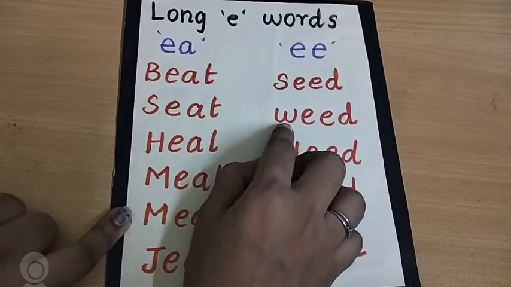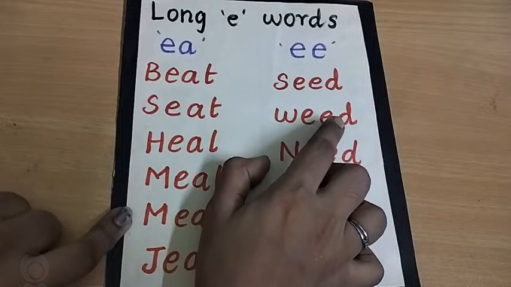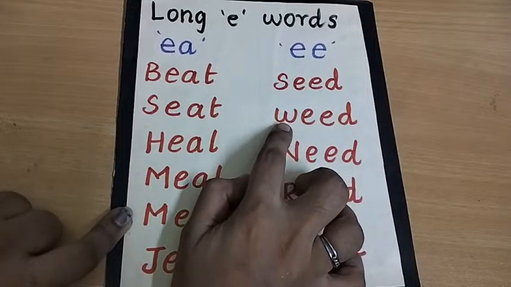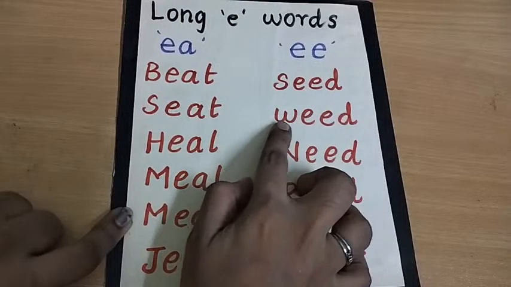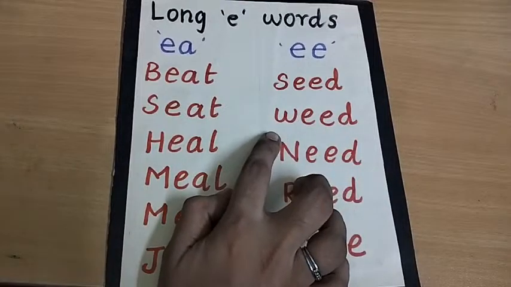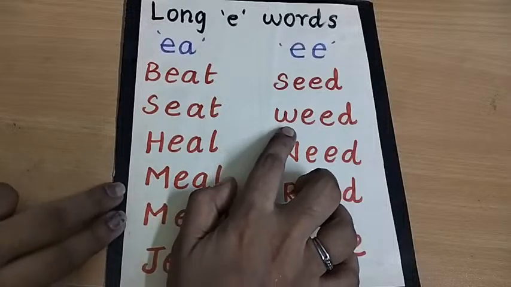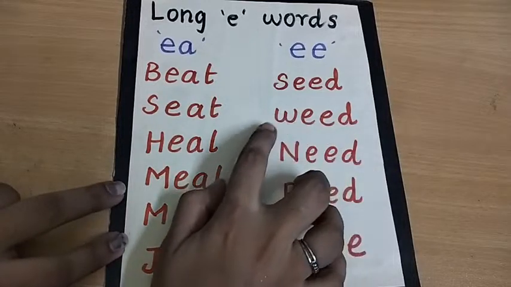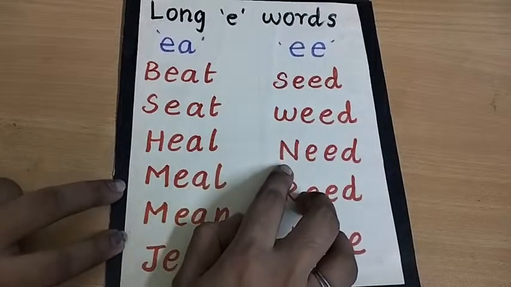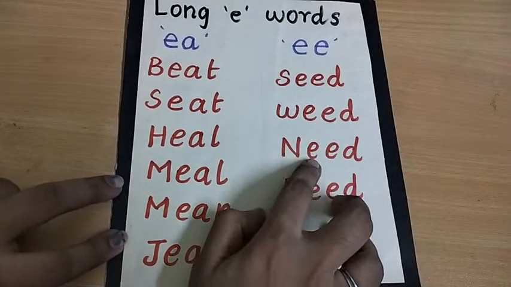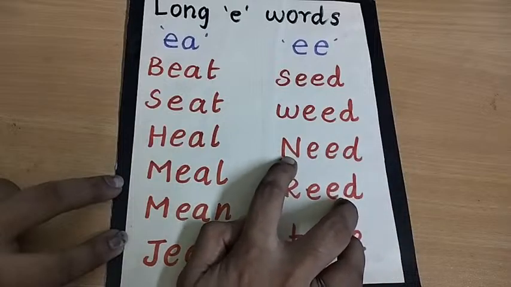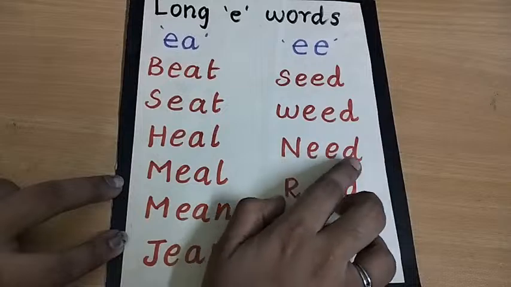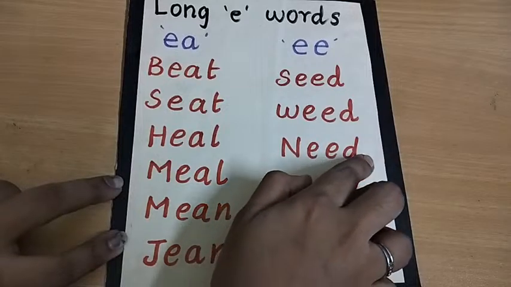The second one, W, E, E, D. The sound of W is W. W, E, D. Weed. So in all long words, the pitch of the sound should be long. That is W, E, D. Weed. Next word, N, E, E, D. The sound of N is N. Next, E, D. Need.